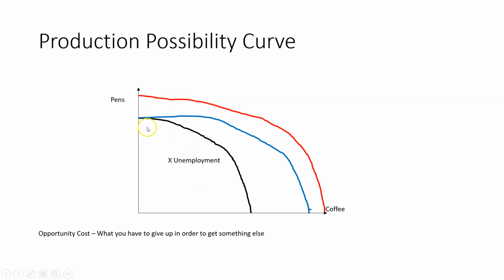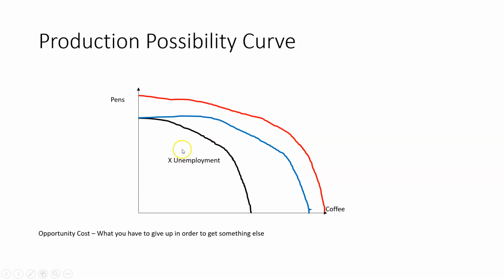So under the curve is inefficient. We can be there, but we're not making our maximum. Any point outside the curve, if we're sticking with this black production possibility curve, is unattainable. We don't have the technology or the resources to get there. So in order to move to the blue curve, something has to change. In order to move to the red curve, something has to change.